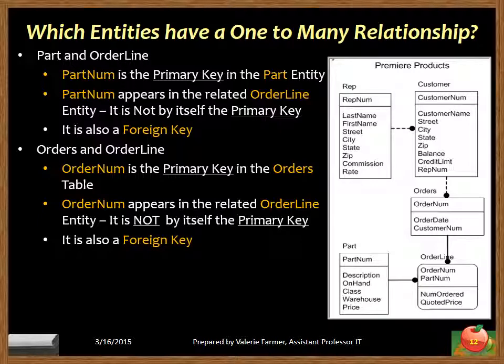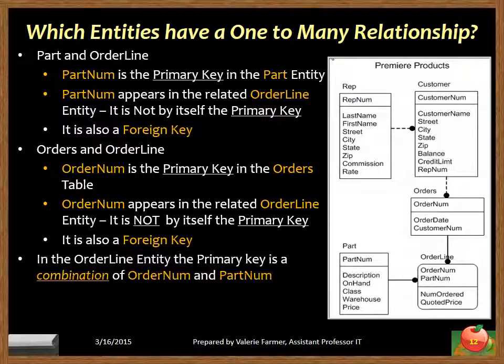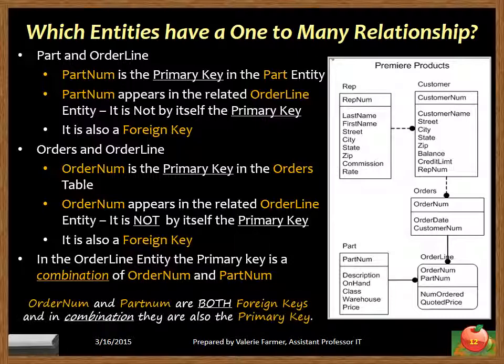Order number appears in the related order line entity. It is not by itself the primary key. It is also a foreign key. In the order line entity, the primary key is a combination of the order number and the part number. Therefore, in this instance, the order number and part number are both foreign keys, and in combination, they are also the primary key.